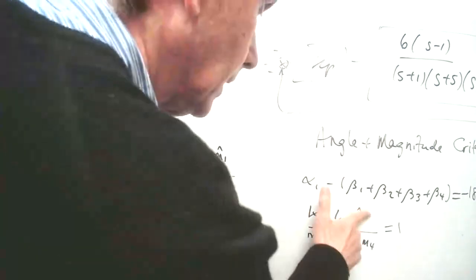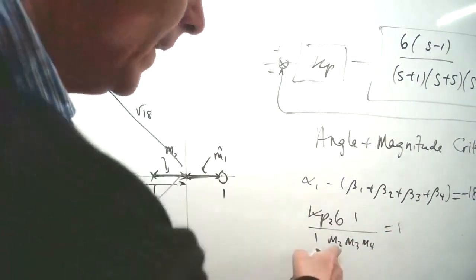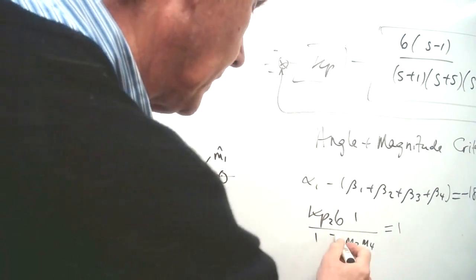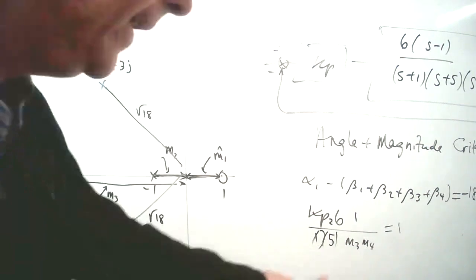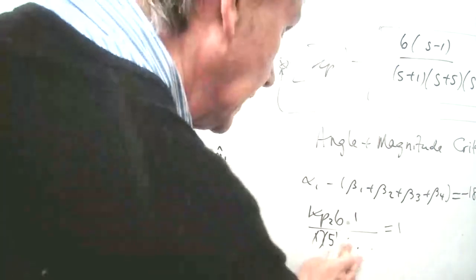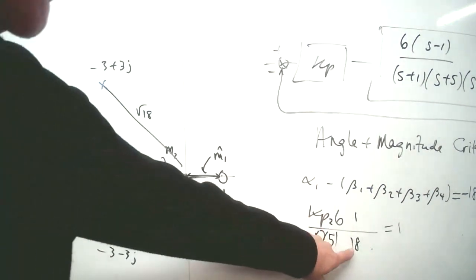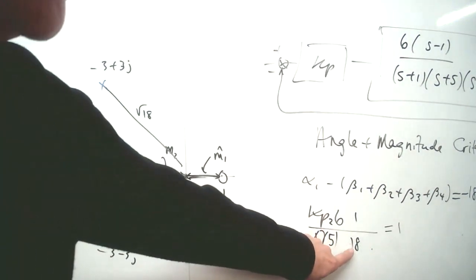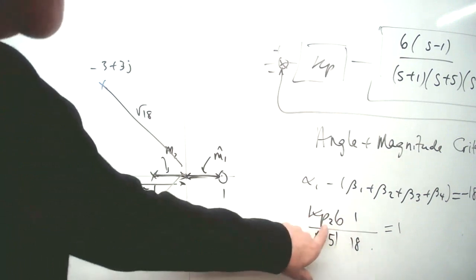So M1 is 1, M2 is 1, M3 is 5, and M4 times M5 is root 18 times root 18, which is 18, isn't it? So it comes out as 6 into 18 goes 3, and 3 5s are 15.